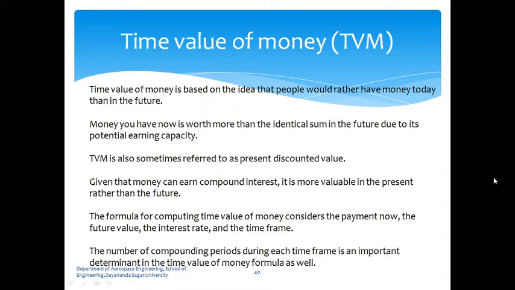Then you need to bring both things into one term. Either you can bring the future benefits to the present value, or otherwise you can change today's investments to the future value. Then only you can compare the cost and benefit. So that's why you should know about the time value of money.